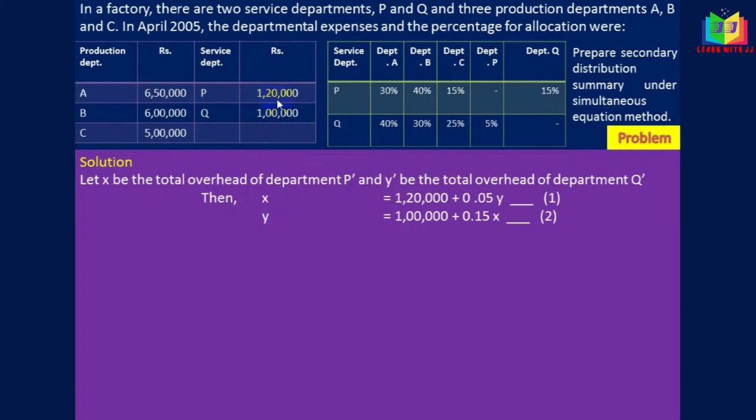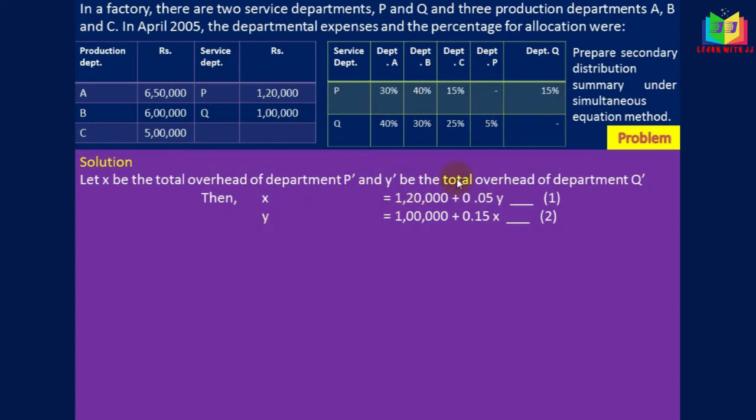X is nothing but 1,20,000 plus the percentage of Y, that is 5% X gets from Y. So X equals 1,20,000 plus 0.05Y.